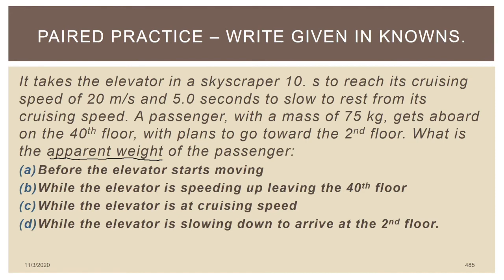Now, for B, it says, what is the apparent weight of the passenger while the elevator is speeding up, leaving the 40th floor? Now, this is the part that's a little tricky. For part B, I'd like everybody to first, because you obviously need to do this first, solve for the acceleration of the elevator using regular old-fashioned kinematic equations.